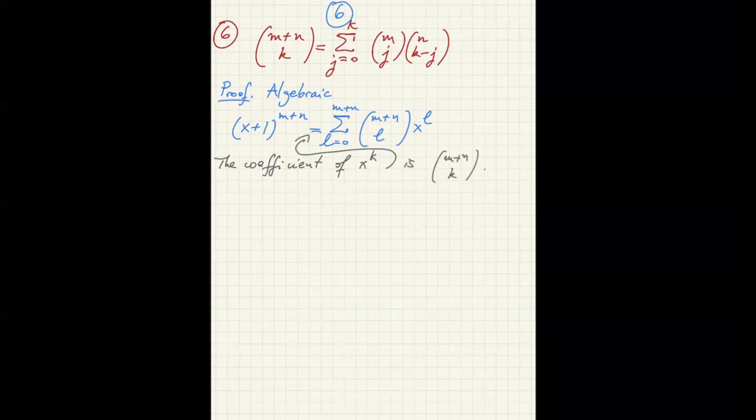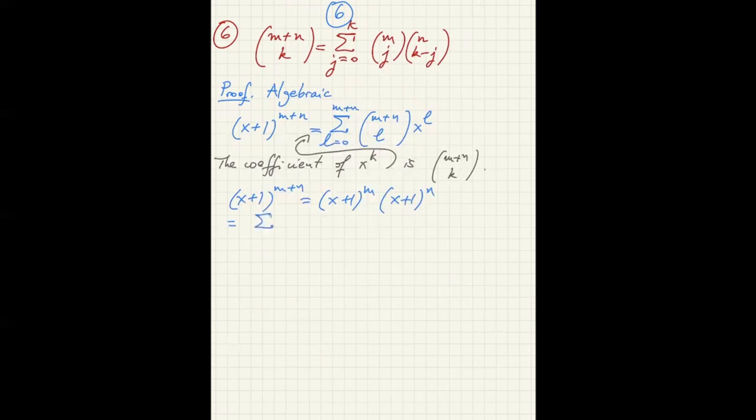Very nice. But that coefficient, we can express in a different way. We can write x plus 1 to the power m plus n as x plus 1 to the m times x plus 1 to the n. And now we can expand each of them using the binomial formula. So it's going to be the summation from i equals 0 to m of m choose i times x to the i. That's one sum.